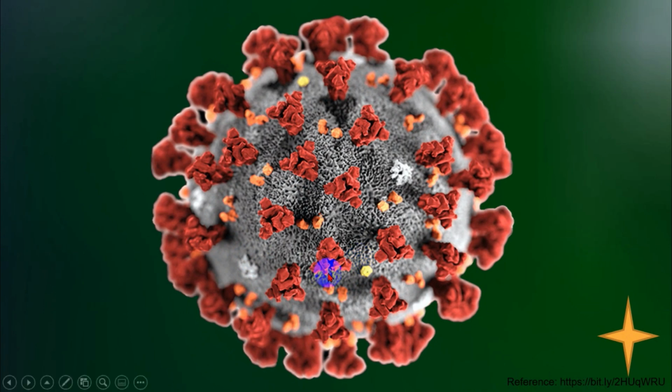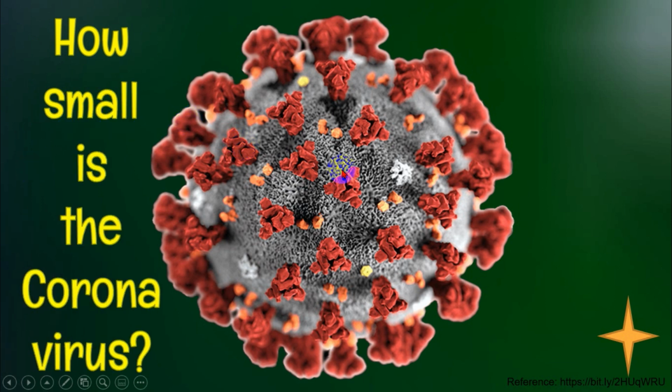So, you have to be very careful with whom you talk with, what you touch, with where you go. Keep safe daw lagi. Wash your hands and stay healthy kasi yun naman talaga yung pinaka-importante sa lahat. How small is the coronavirus? Gaano kaya siya kaliit?